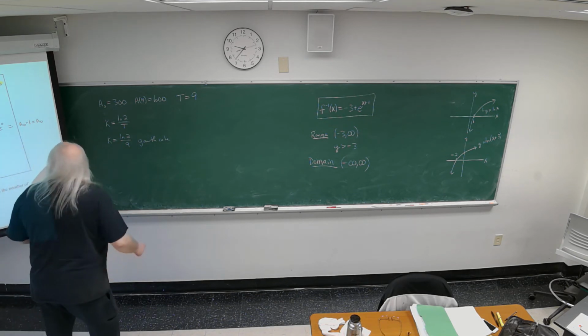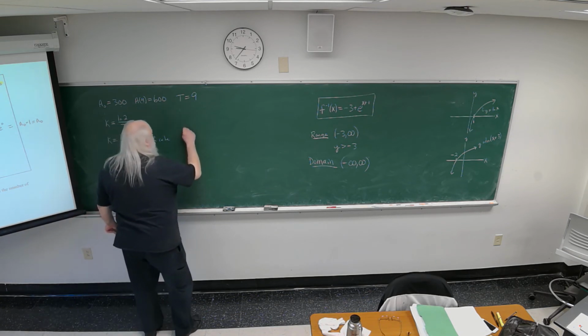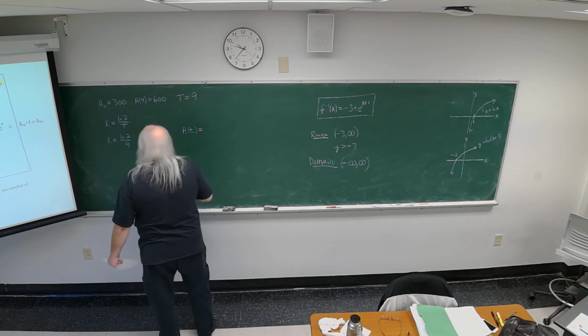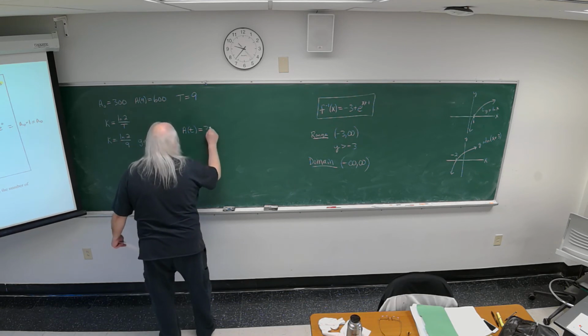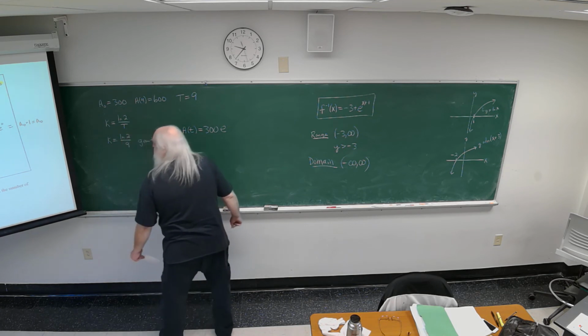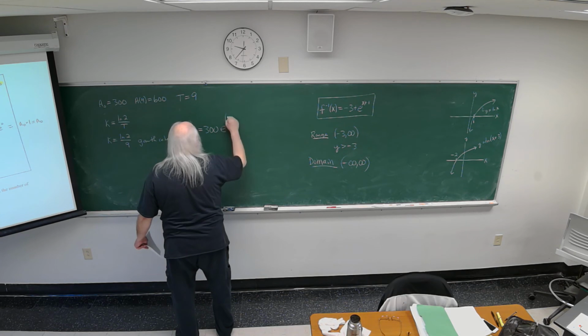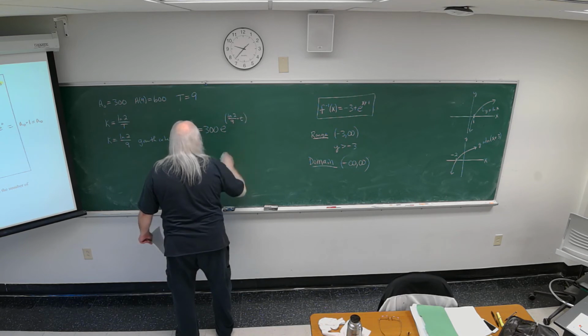So plugging into our model, we have A of t is equal to A sub 0, which is 300, and k is the natural log of 2 divided by 9, and then we multiply that by t.